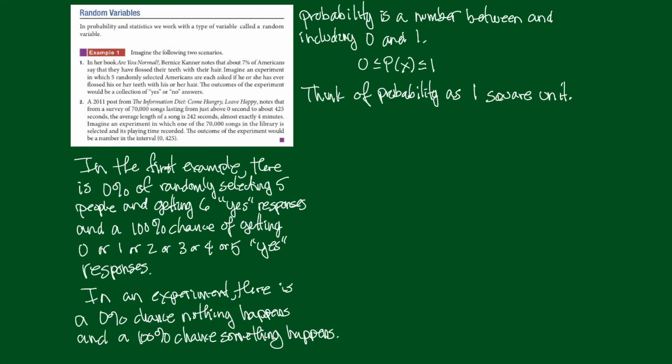So I find it helpful to think of probability as being one square unit. Just one on each side. So right here is one square unit of probability.